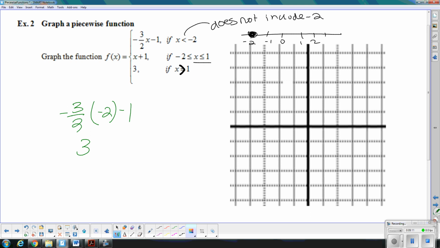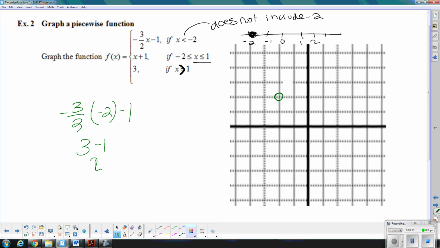So we get 3 minus 1. Okay, so when our x is -2, our y is +2. So that's where our domain ends with this function, but it does not include that point.